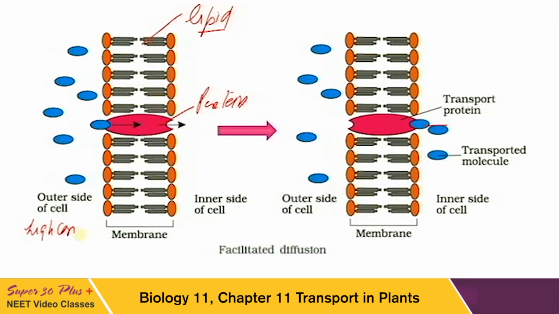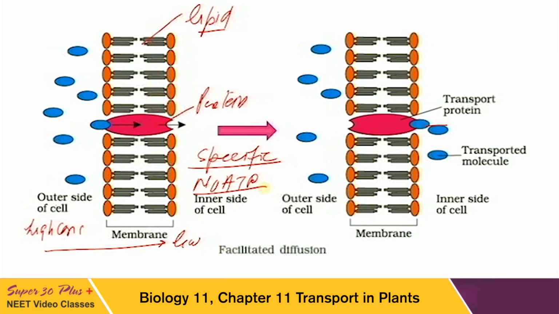So here they move from high concentration to low concentration. These proteins, as I told you, are very specific, and they do not utilize energy. No ATP is being used here. This is called facilitated diffusion.